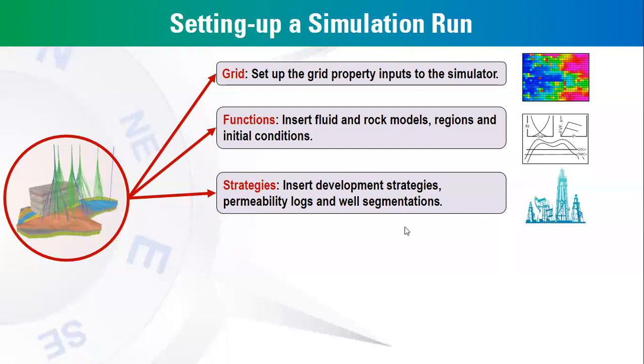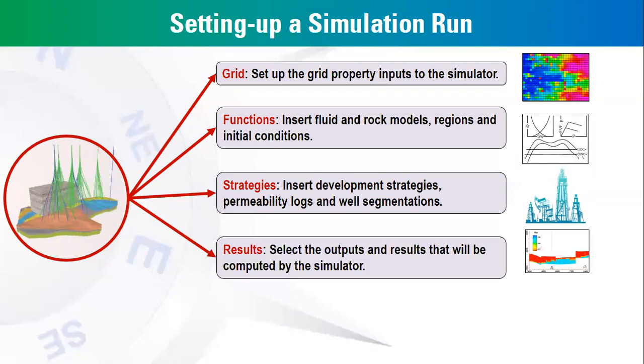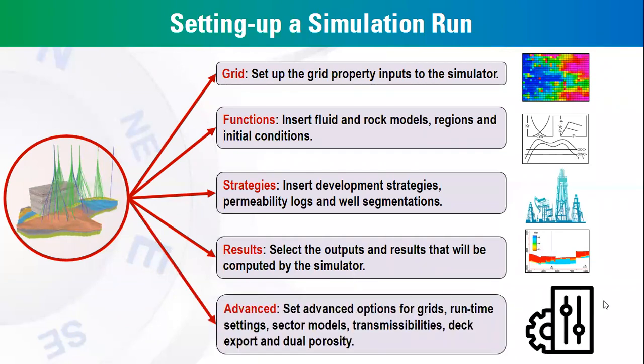For strategies, as defined before, it may be history or prediction strategy, and then you can assign and control the outputs of the simulation and the type of required simulation results. And we have advanced options to control the simulation running time, and other features can be defined.